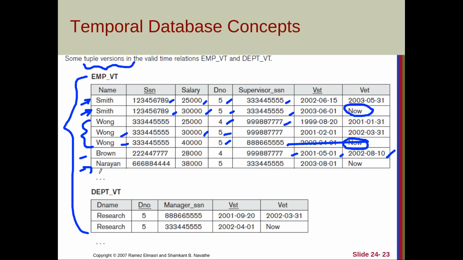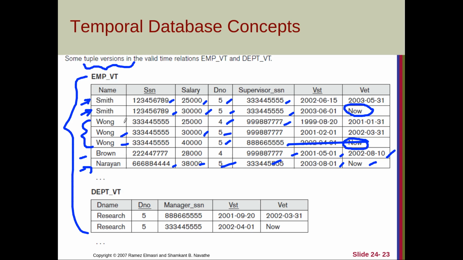Now again, I can see Narayan is another employee with SSN, salary, department, supervisor SSN. Then from 1/8/2003 to now, that means currently he is working in this department with all these details. So this is the currently active tuple.